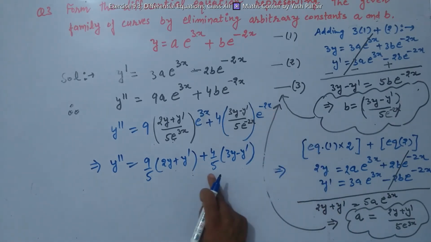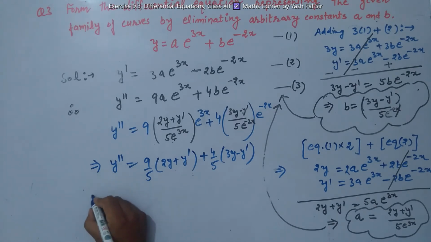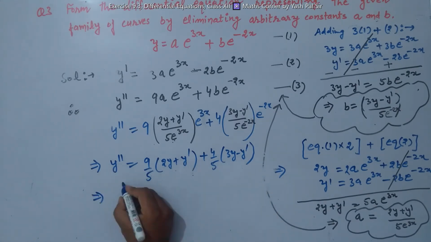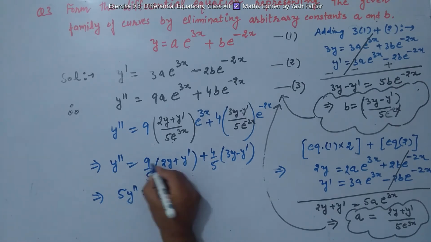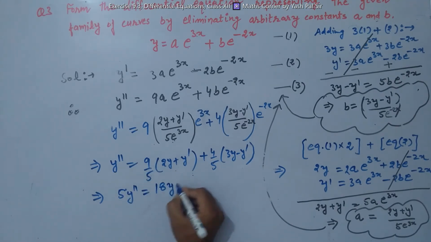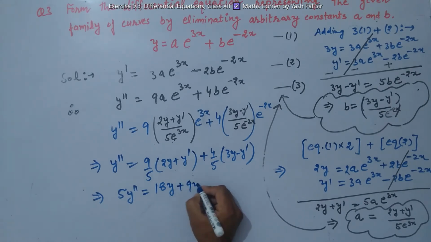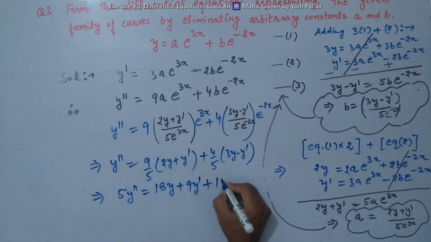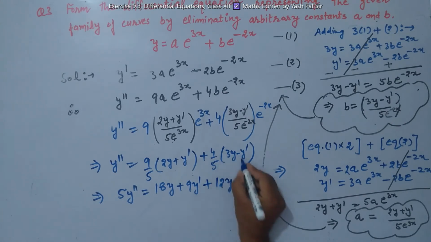In the next step, multiplying both sides by 5, this becomes 5y double dash is equal to 18y plus 9y dash plus 12y minus 4y dash.